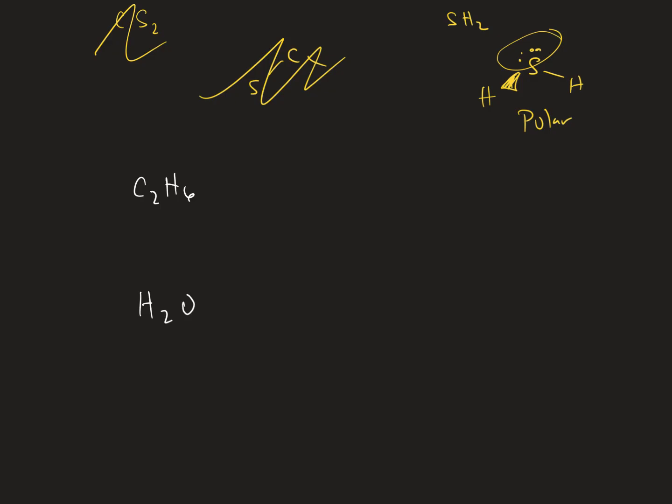All right, so if we draw the Lewis structure, we get something like that. Or should I count valence electrons? You guys tell me what you need. 14 valence electrons. 2, 4, 6, 8, 10, 12.